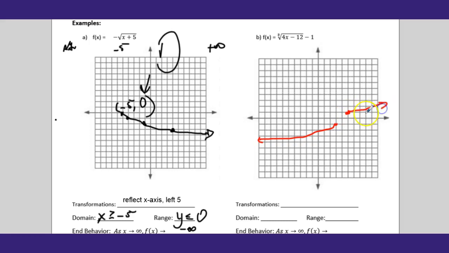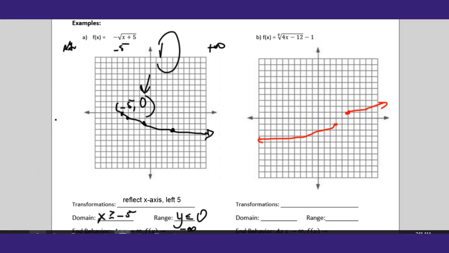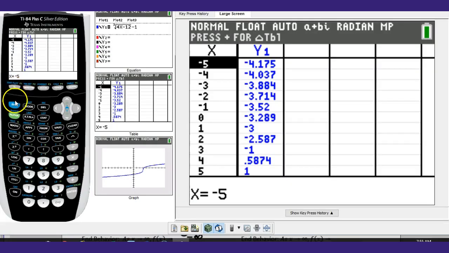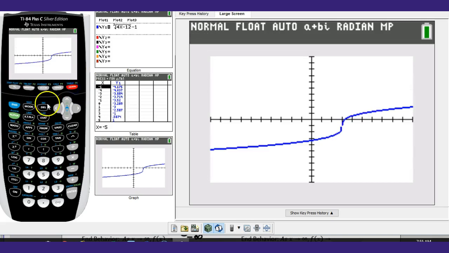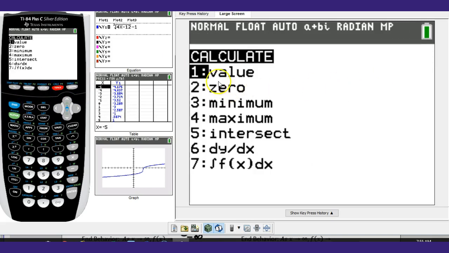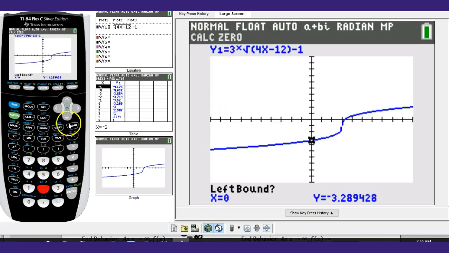There we go. Now, real quick, I want to find this 0. So let me show you how to find this 0 with your calculator. If we go back to the calculator, back on the graph we can go second and trace. And we can use this option, 0, where we can find our actual 0. So left bound, we know that this 0, let me get my pen, is right here.